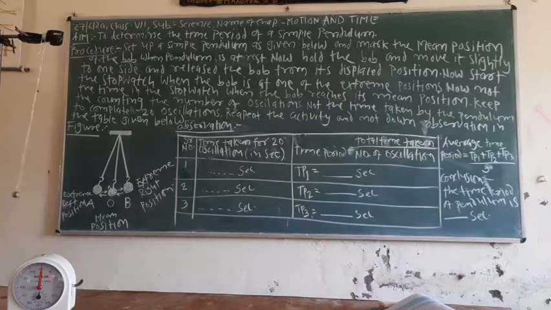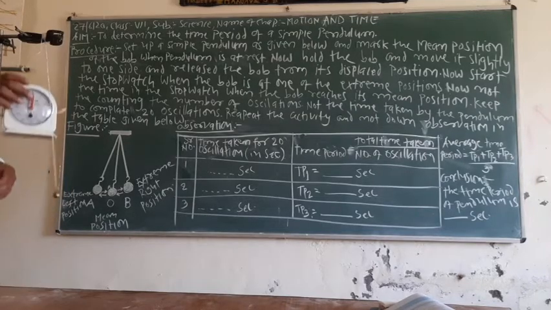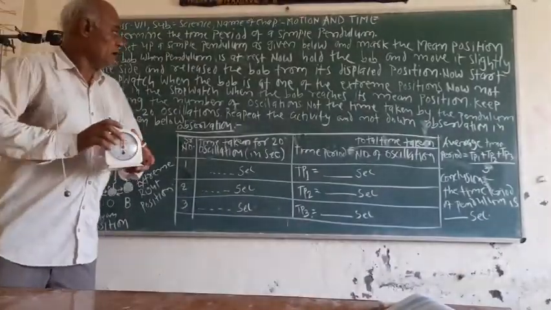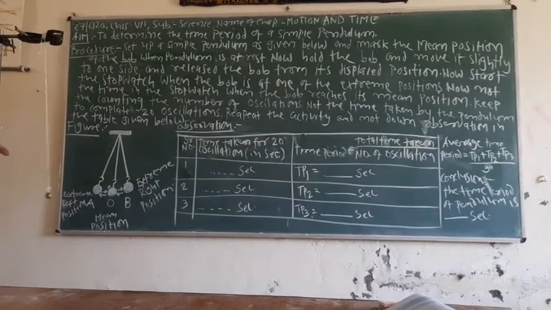Start the stopwatch. So this is the stopwatch, and the stopwatch is started when the bob of the simple pendulum reaches its extreme position. And now we note the time with the help of the stopwatch.